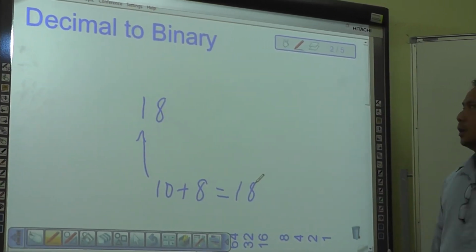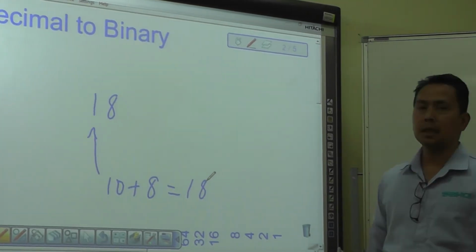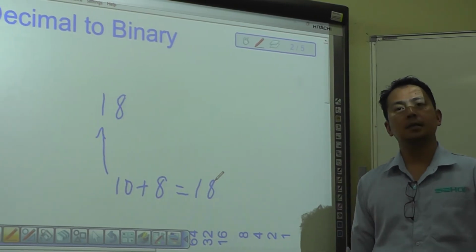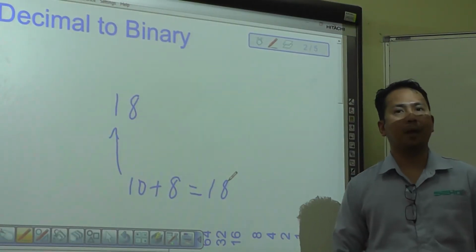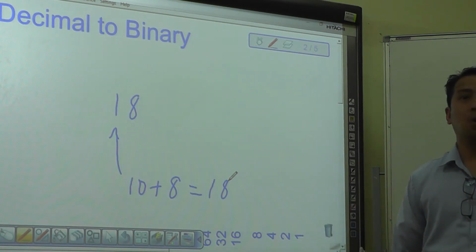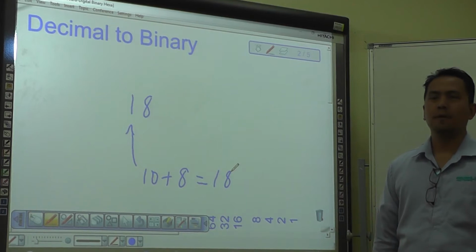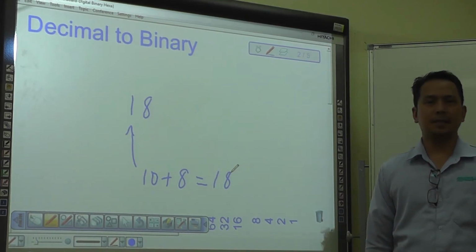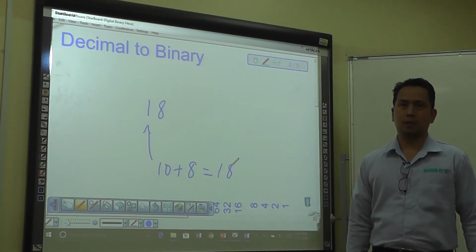Way back in our lectures on decimal numbers, we have 10 figures. Those figures are 0, 1, 2, 3, 4, 5, 6, 7, 8, and 9. So completely 10 figures.